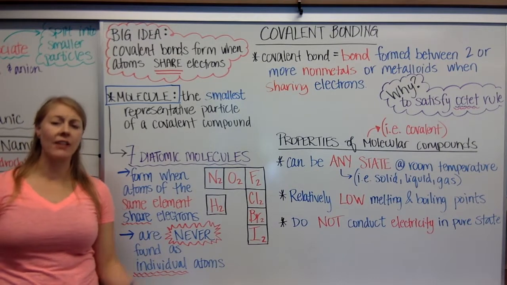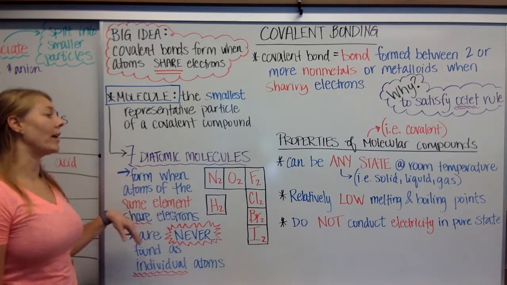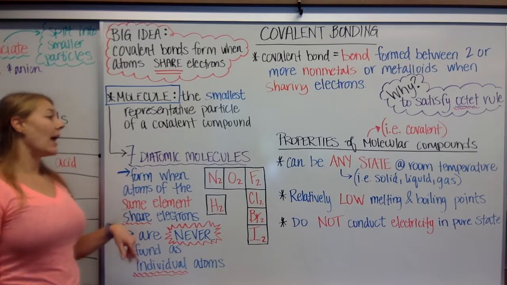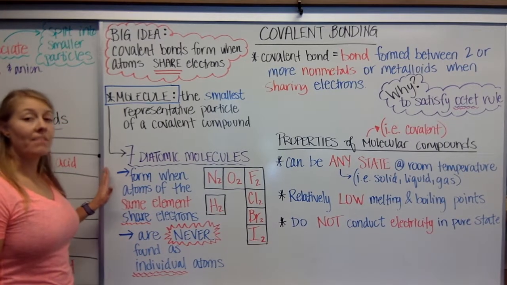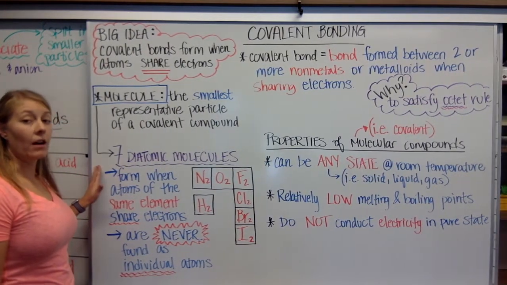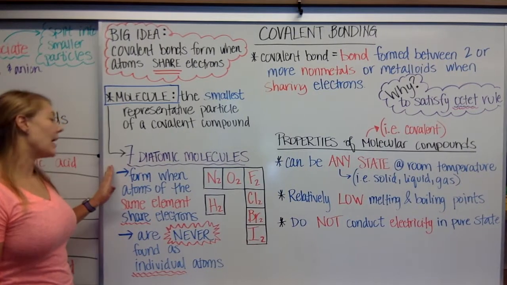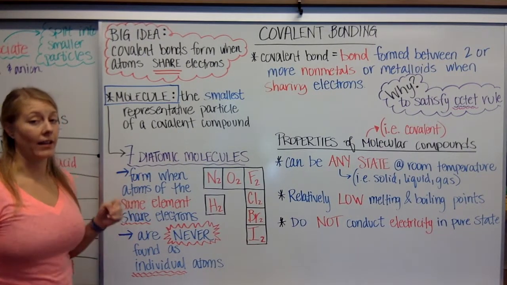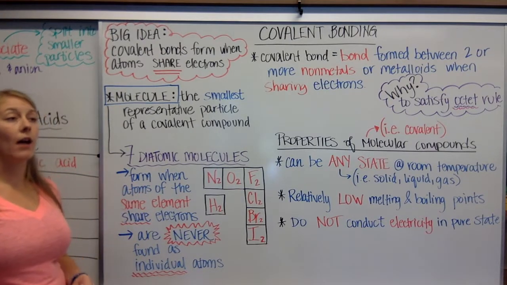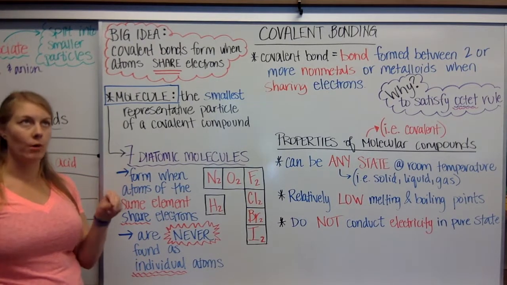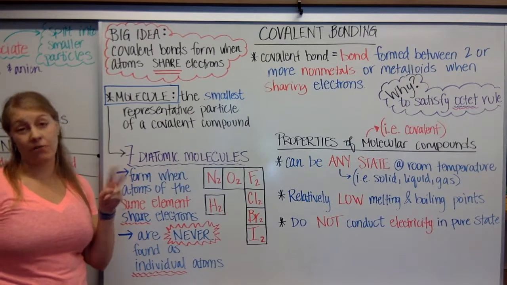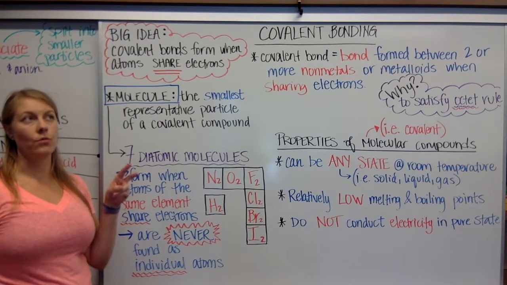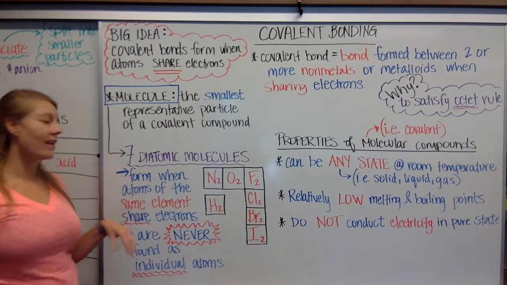We have 7 diatomic molecules, which I want to point out just before we go any further. And these are specifically molecules, so again, they are between nonmetals, and they're formed when atoms of the same element share electrons. So oftentimes we'll have a covalent bond formed between two or more different nonmetals.